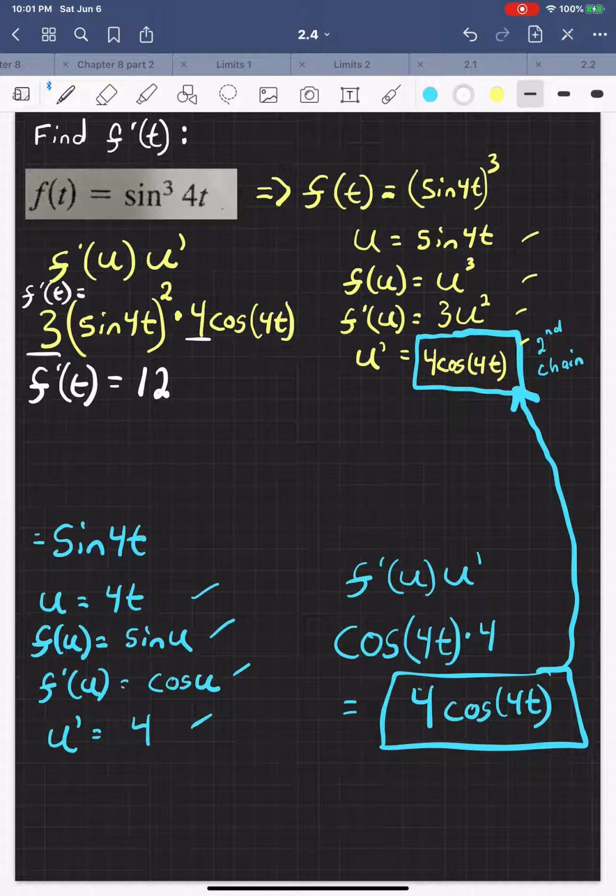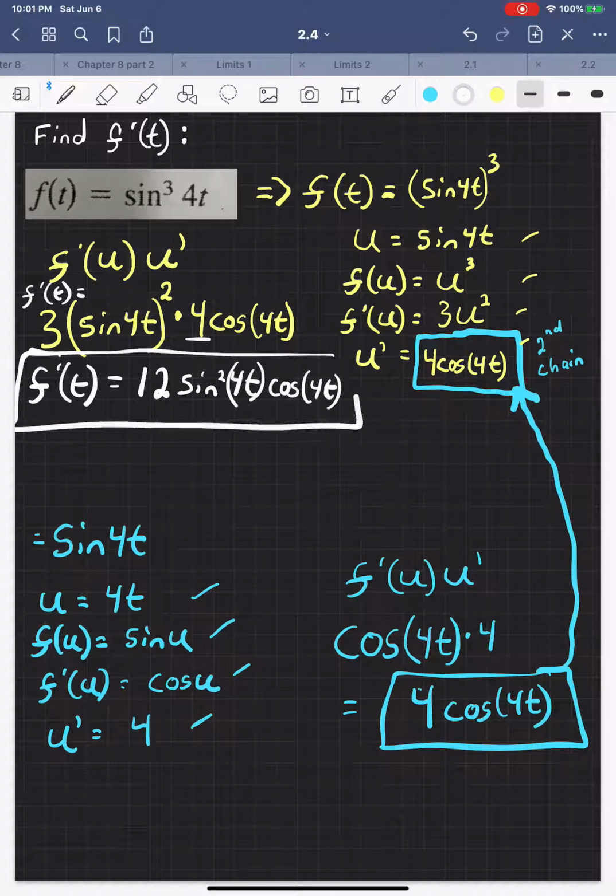And I'm okay with keeping it as sine of 4t squared, but normally we write, just so we don't clutter things, sine squared 4t times cosine of 4t. And since all we were asked was to find the derivative, voila, we're done. There's no need to go any farther.